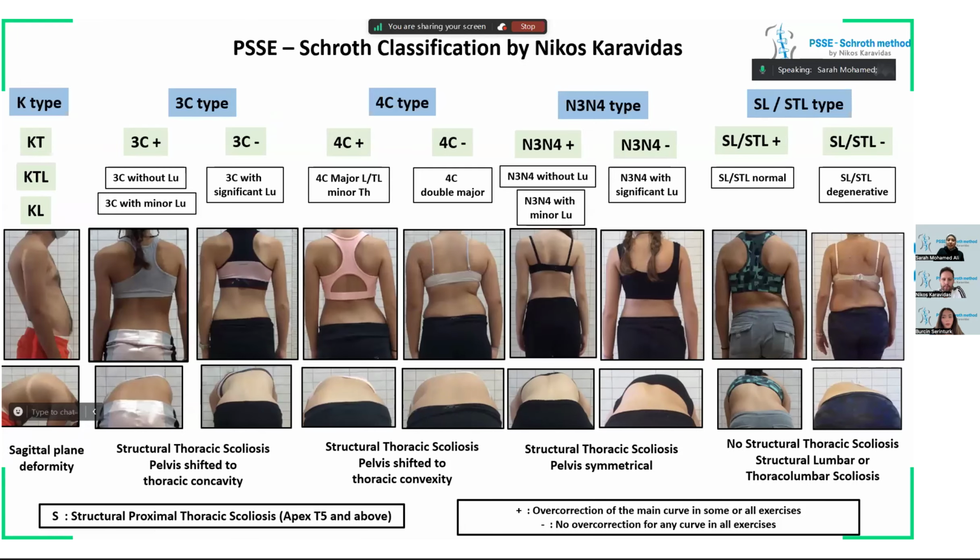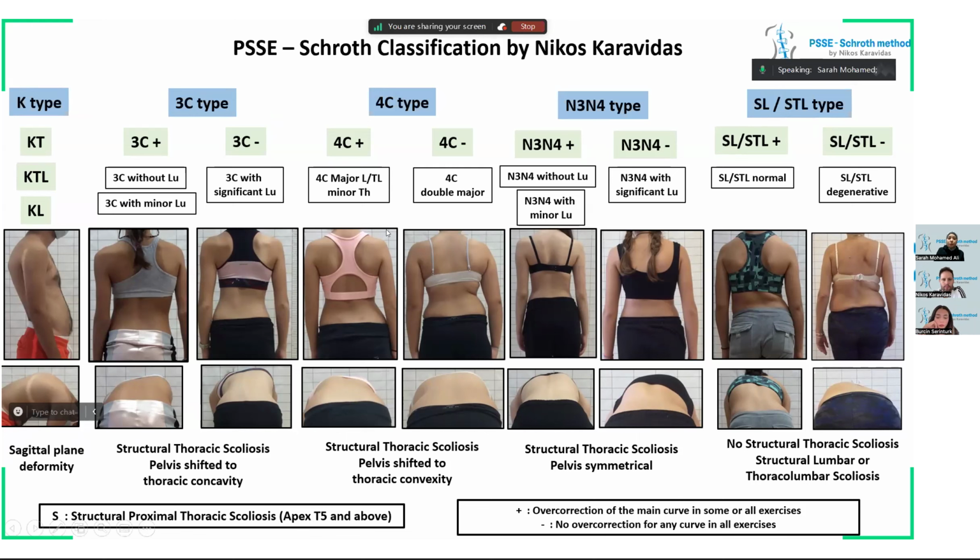The plus means we give it when we do an overcorrection of the main curve in some or all exercises. And to make it easier for you during the classification, we give you a hint about which is the main curve in each curve type. For example, in the 3C type, the main curve is the thoracic curve. So when we ask ourselves, can we do an overcorrection of the main curve, the main curve is the thoracic here in 3C type.